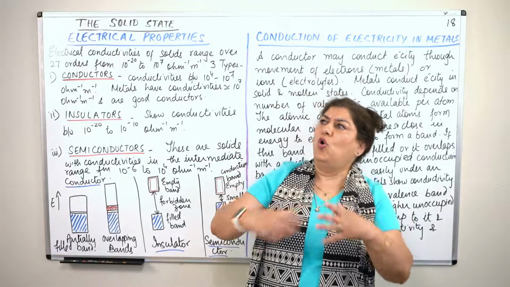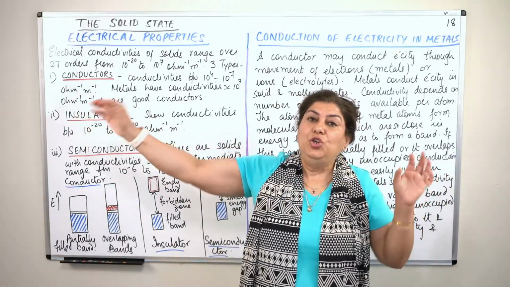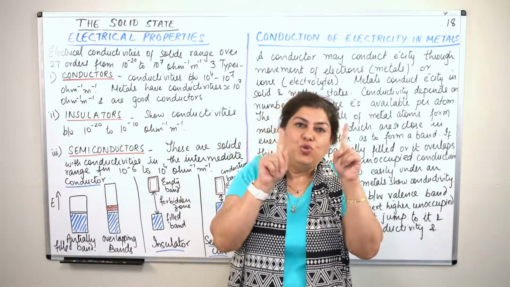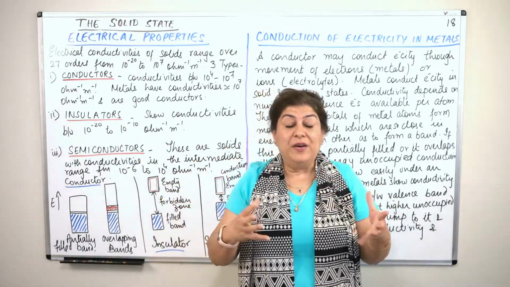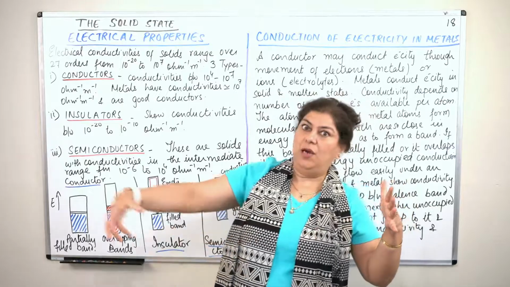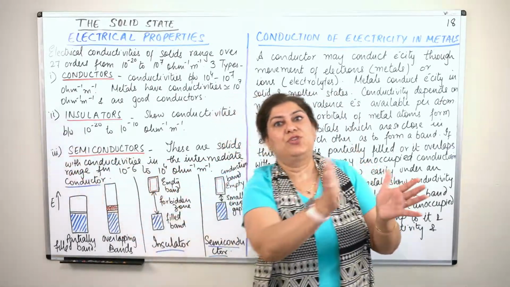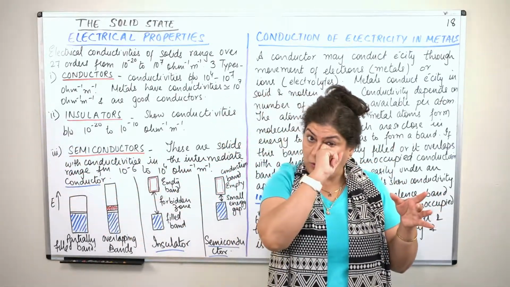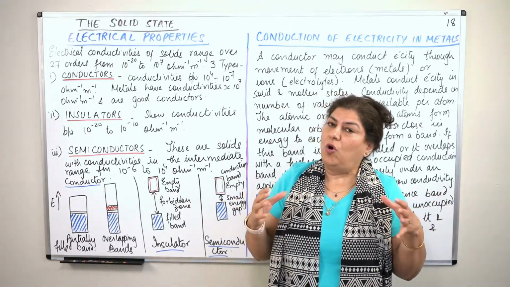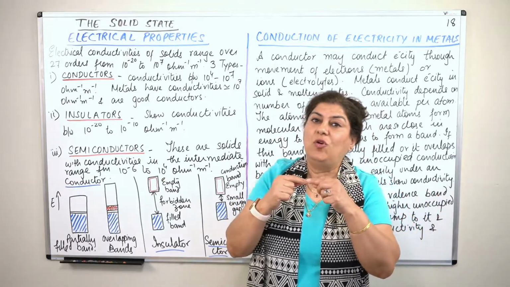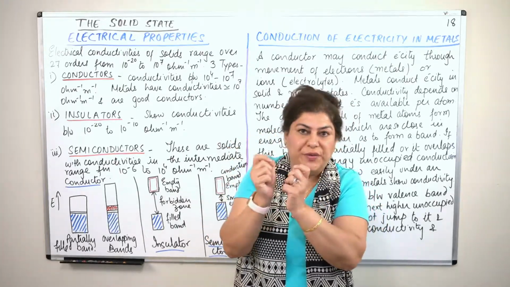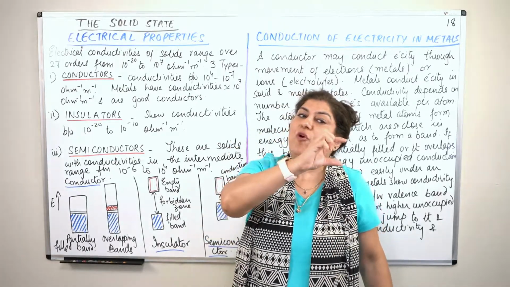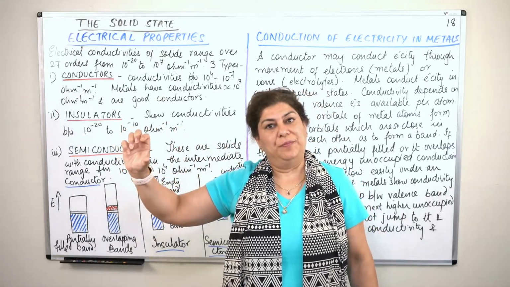In a covalent bond there are two atoms and the covalent bond is being formed between the two atoms. Here you have a sea of metal atoms and a sea of electrons which are being shared by all of them. Therefore, the molecular orbitals that are formed are not single orbitals. They are orbitals which are very close to each other in energy. Therefore, they form bands of energy.